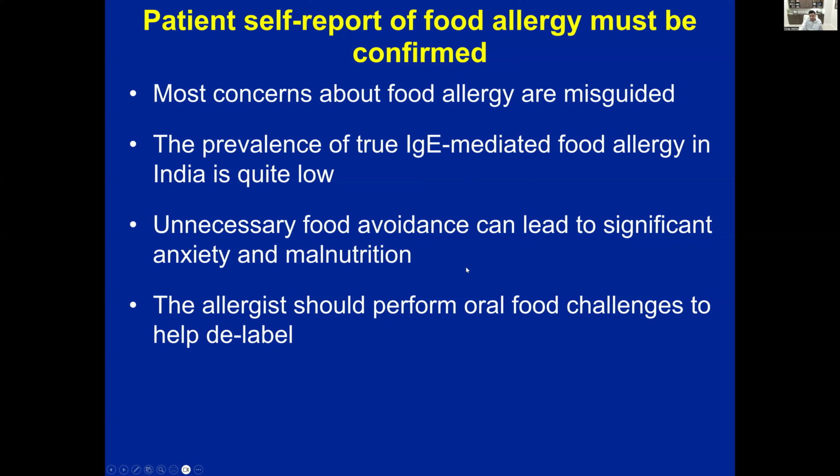We see this many times, especially in young kids. Regular exposure to food actually helps you become tolerant. When you deliberately avoid a food for long periods of time in a child, you can develop a true food allergy. And one of your roles as an allergy specialist, and this is what we do, is to perform food challenges in the office to help delabel.